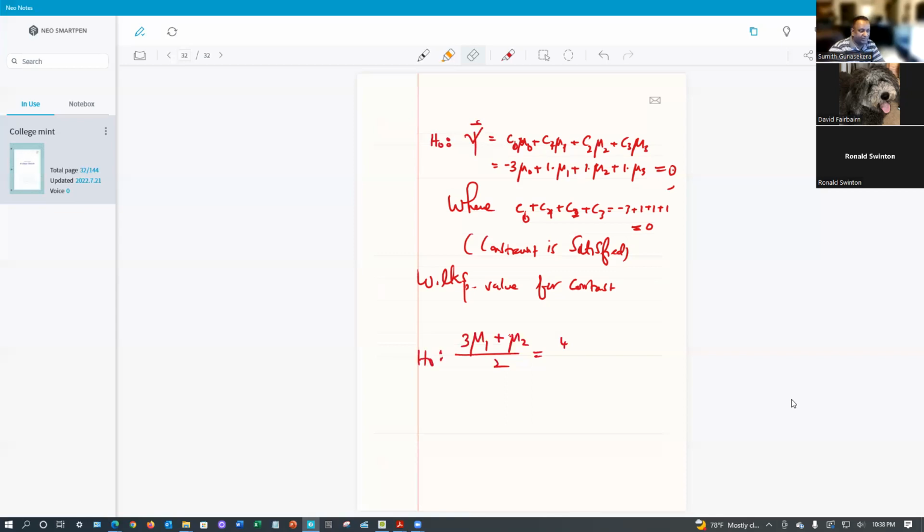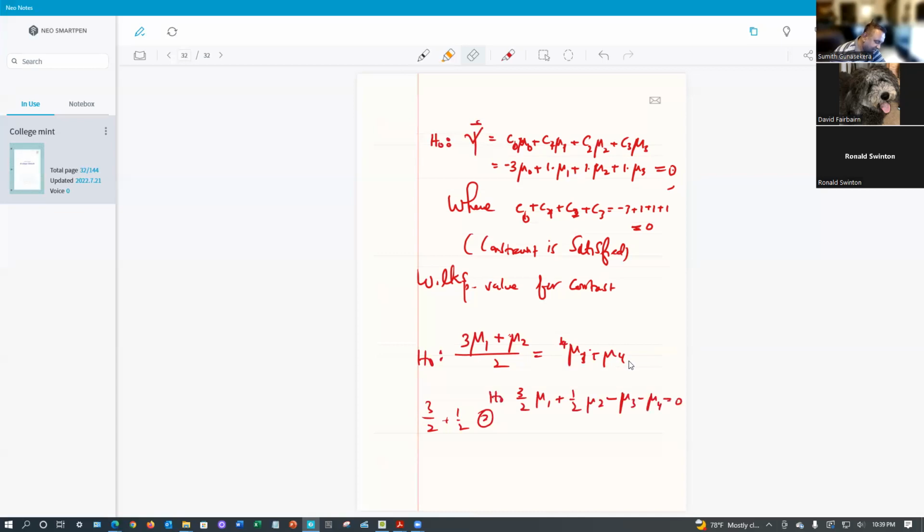If you have 2 of them here and 3 or 4 of them there, this will be compared with, let's say, 3/2 mu1 plus 1/2 mu2 minus mu3 minus mu4 equals 0.